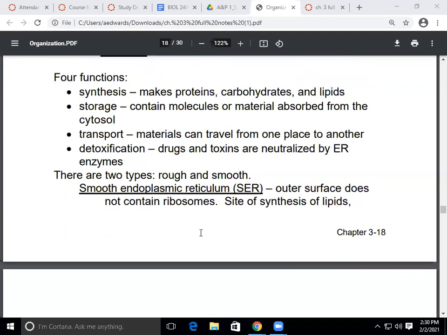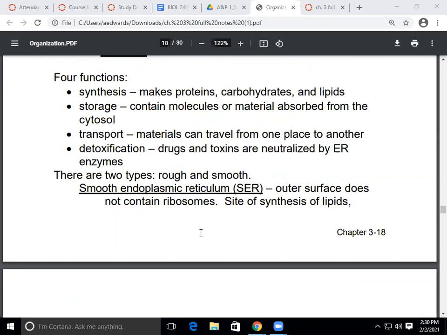Functions of the endoplasmic reticulum: synthesis, storage, transport, and detoxification. So for synthesis, they're making proteins, they're making lipids, making carbohydrates. For storage, they can store molecules or other materials that get absorbed from the cytosol around it, right?